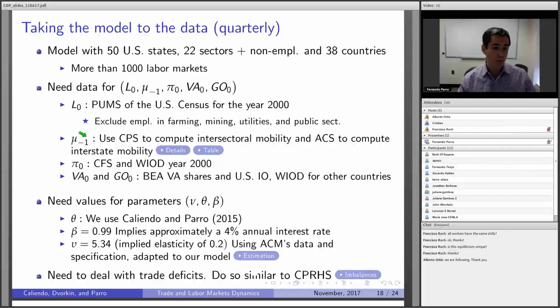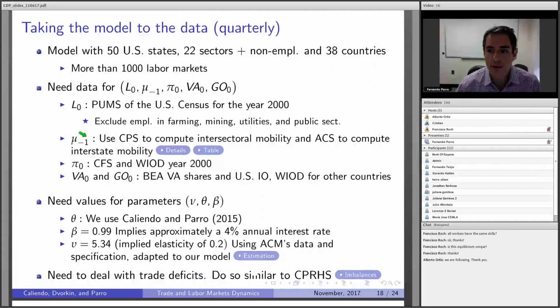Now we need to compute from the data the initial allocations: the initial distribution of employment, initial migration flows, initial trade flows, and initial value added and expenditure allocations for the year 2000, which is our initial year.